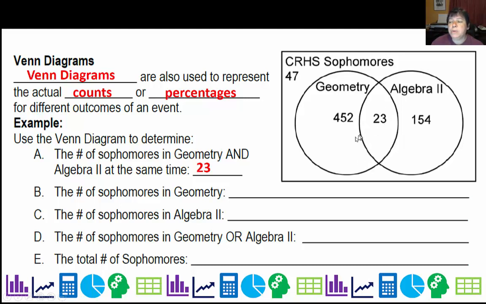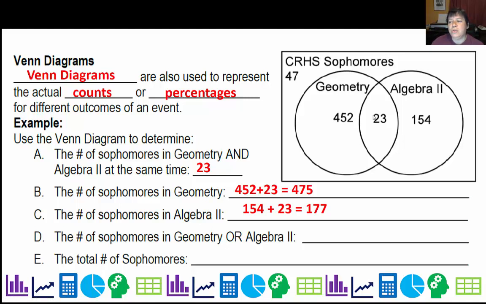Now, the number of sophomores in geometry, it's tempting to say 452, but we also have to count these 23. So when we add those together, we get 475. Same thing's true for algebra 2. It's not just the 154. We have to count that 23. And in this case, we get 177. Now, here's the tricky one.